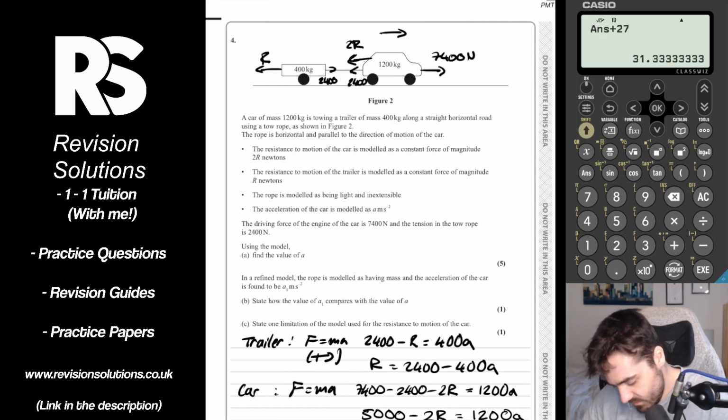Then part C, it says state one limitation of the model used for the resistance to motion of the car. So the resistance to motion is modeled as being constant, but air resistance doesn't do that. It changes with your speed.